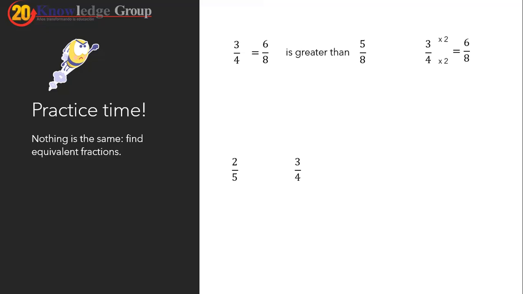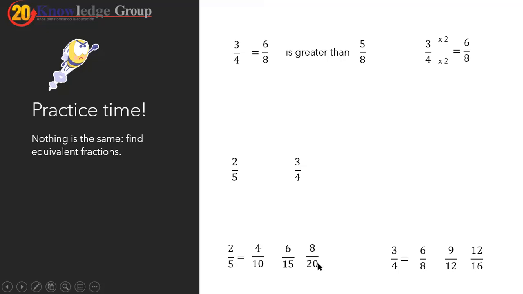Another example, I have 2/5 and 3/4. There is no way I can turn 4 into 5, so I'm going to have to amplify both of my fractions. Remember, you're going to start by amplifying by 2. If that doesn't work, you go by 3 and so on. By 2, I don't have the same denominators. By 3, I still don't have the same denominators.